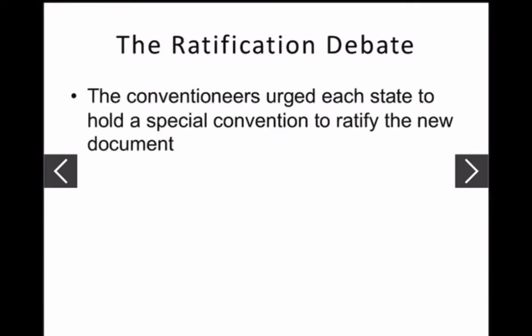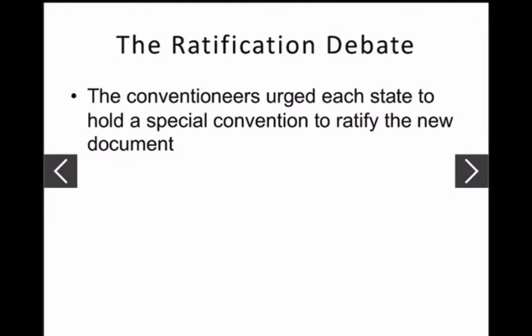Now, once they got through with Articles 1, 2, 3, and 4, and establishing the three branches of government and the powers that they have and checks and balances, and the vetoes and the shared mixed government, the next step is ratifying, right? Ratifying the U.S. Constitution.